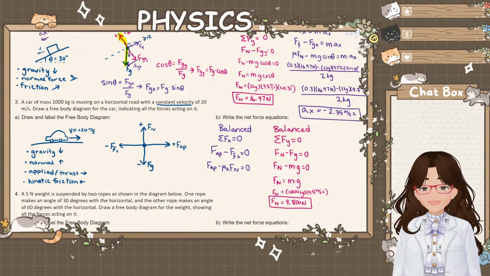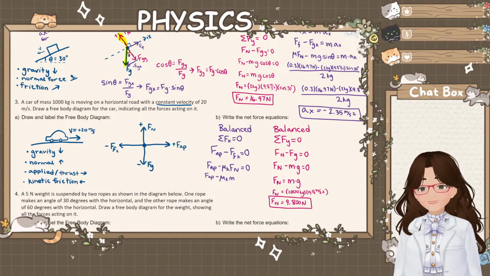In this case here, we could take this value and plug it in up here. The applied force minus mu k mg is equal to 0. And what's cool about this is we would be able to solve for the applied force if we knew what the coefficient of friction between the road and the car tires were.